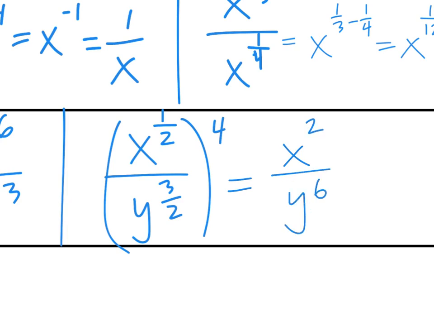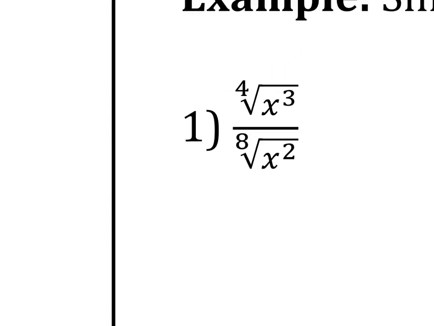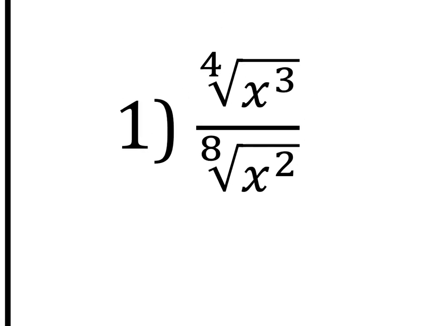All right, now let's do some practice. Let's look at this first one. 4th root of x cubed divided by 8th root of x squared. Remember when we talked about dividing in the first section, we said we can only divide if the indexes are the same. So can we divide?